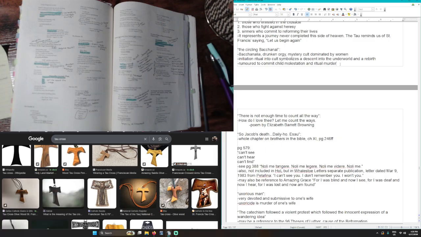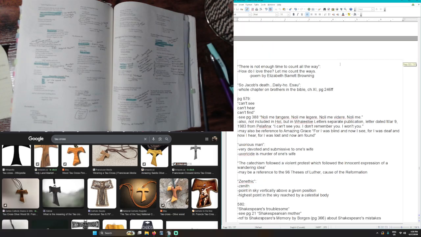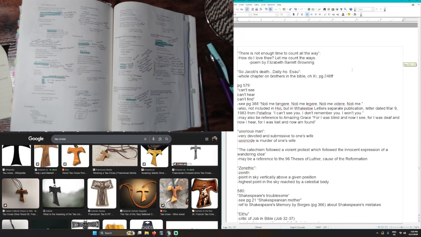There were rumors that during the Bacchanalia there was child molestation and ritual murder. So again, the question of children dying, specifically in reference to Johnny, and that reference to the baby in the hospital that died.